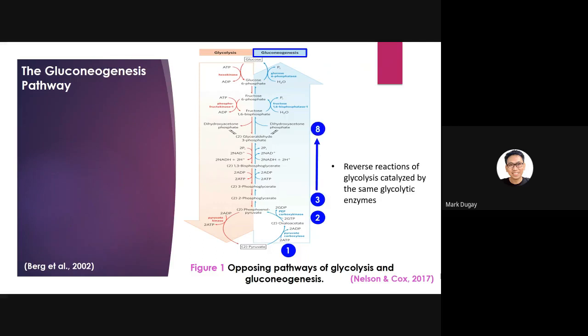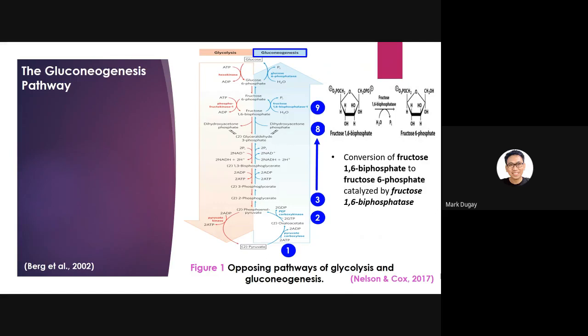Steps 3 through 8 are reverse reactions of glycolysis catalyzed by the same glycolytic enzymes, where these steps do not require energy. Step 9 is a hydrolysis reaction and is irreversible, where fructose 1,6-bisphosphate is converted to fructose 6-phosphate, catalyzed by fructose 1,6-bisphosphatase.